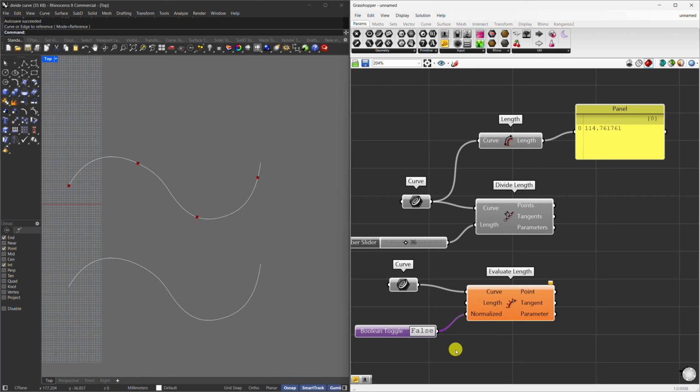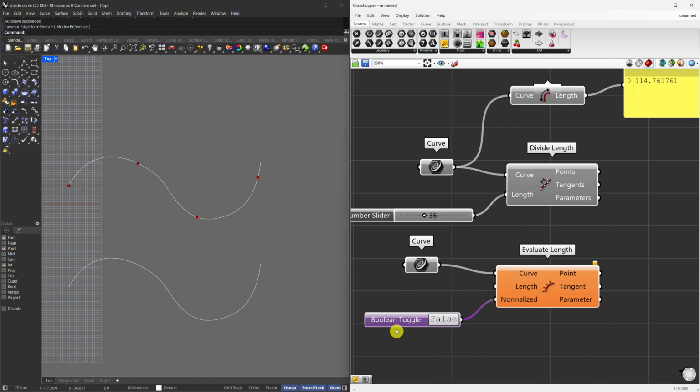One is based on length. Otherwise, if you don't know the length, based on the percentage. Let's say you want to position a point around 35% of the overall curve length. If this is false, it will take the length as 0 to 1. The default value for normalized is true. When you have true here, it will help you put the point based on the percentage.